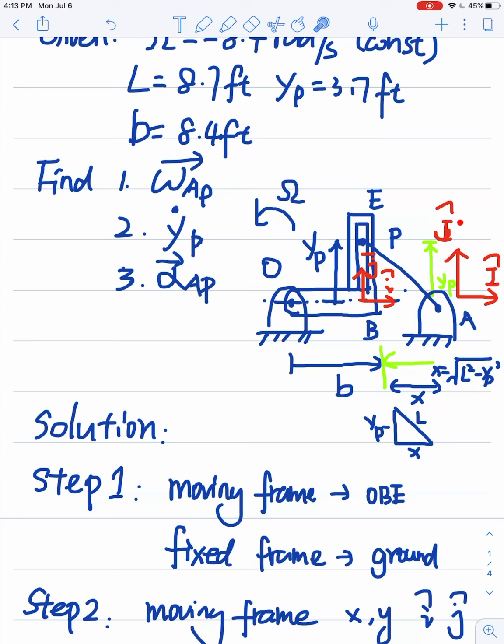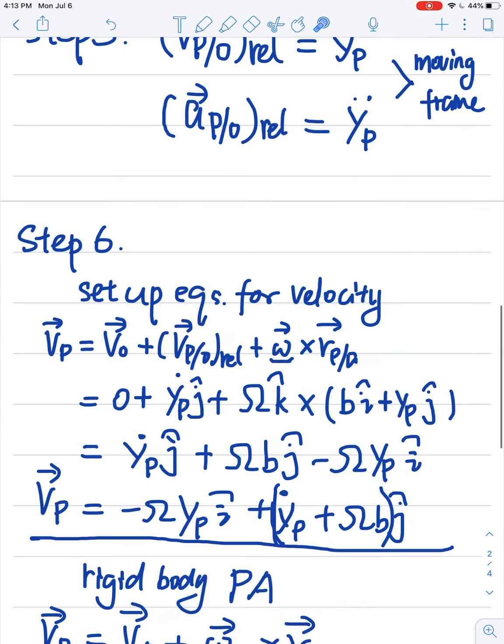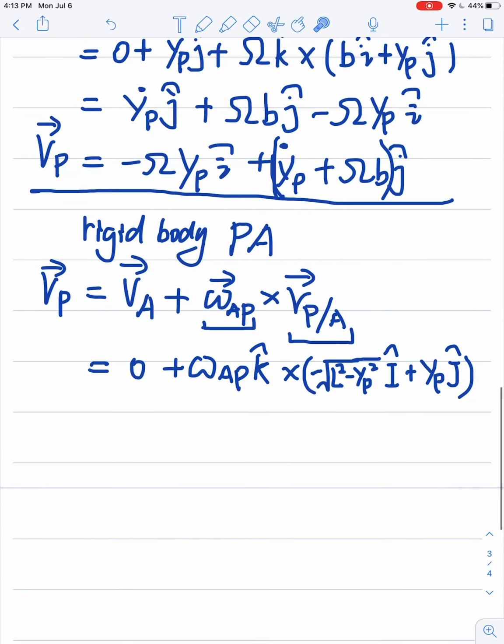The fixed frame uses the coordinate system big I and big J, big X and big Y. That's why when I write the position vector for Rp/A, I used our fixed coordinate system.